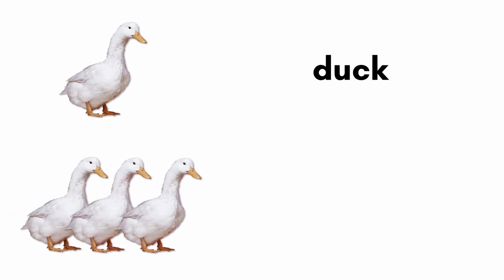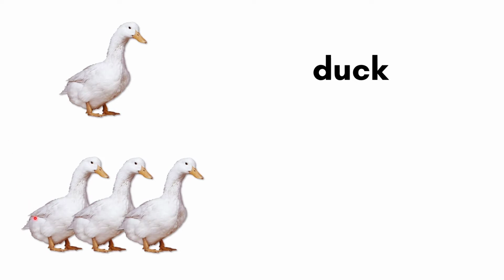Alright, so let me show you the first animal. That's right, it's the duck. Now, what do we call it if we have more than one duck? Like this one. How many ducks do we have? 1, 2, 3. We have 3 of them.